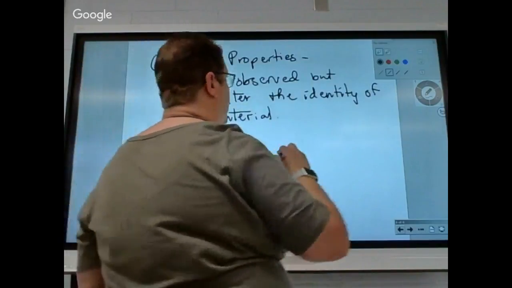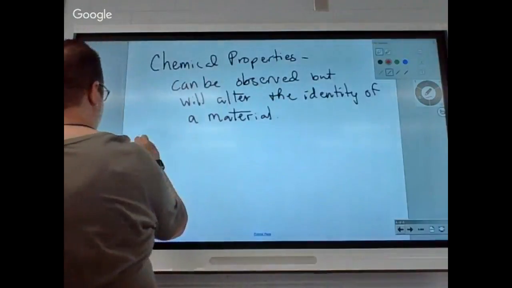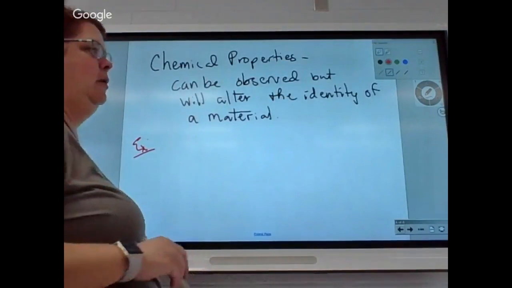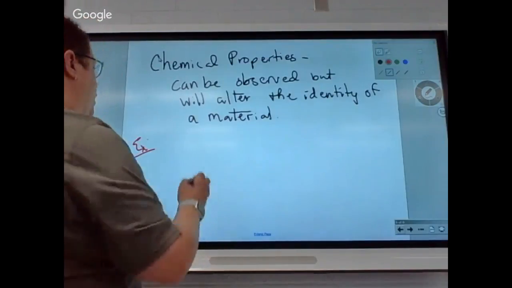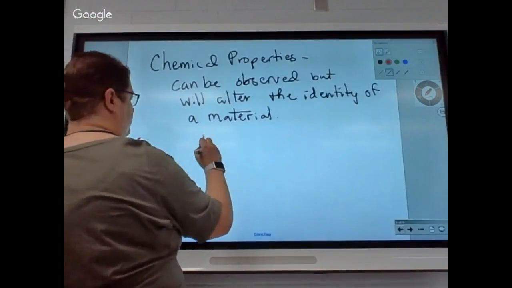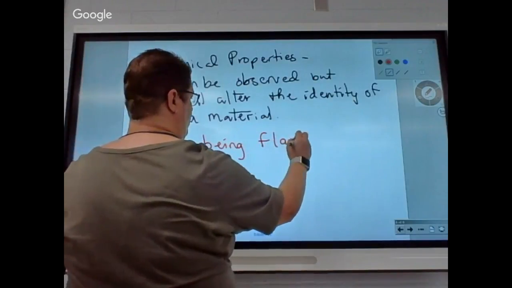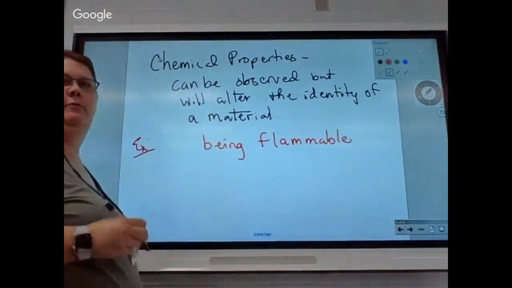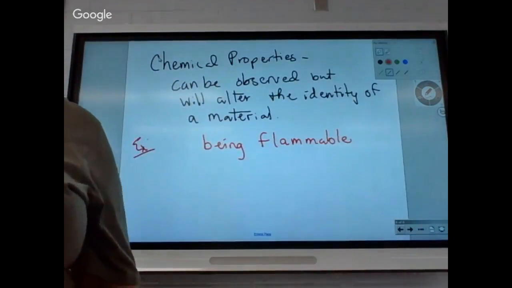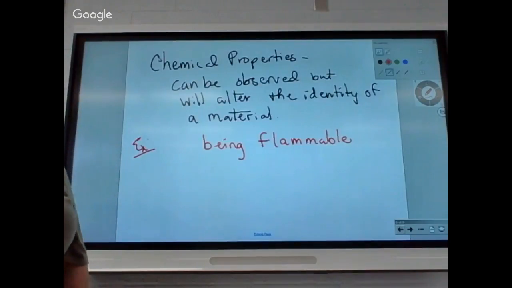Okay? These will alter the identity of a material. Now, this list is going to be much shorter. Things that you might know are chemical changes are things like being flammable, because you know, if you burn something, you can't get that back. Okay? It's going to turn into ash, and it's going to have altered the original identity of the material.